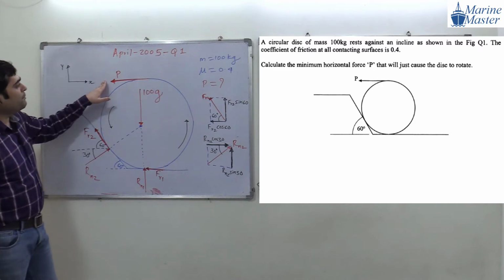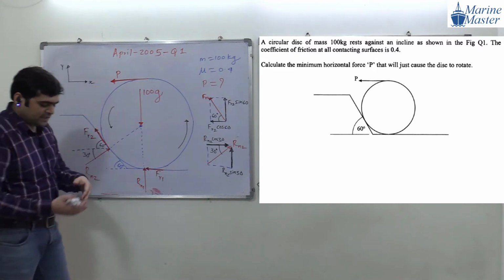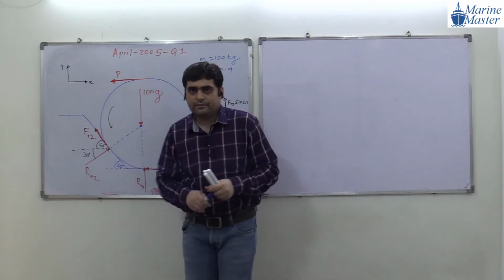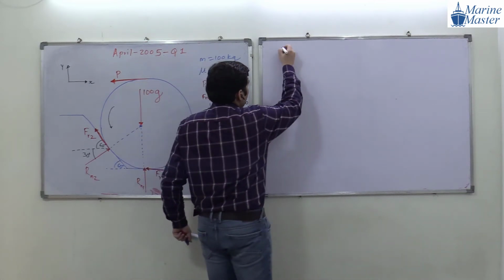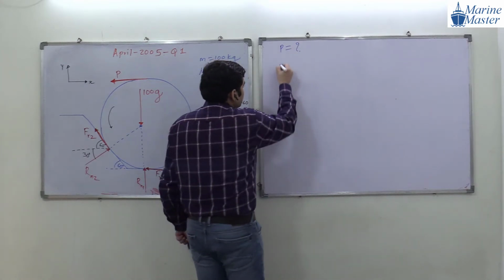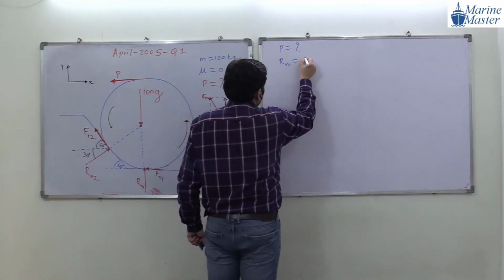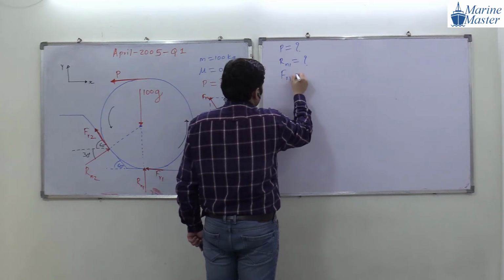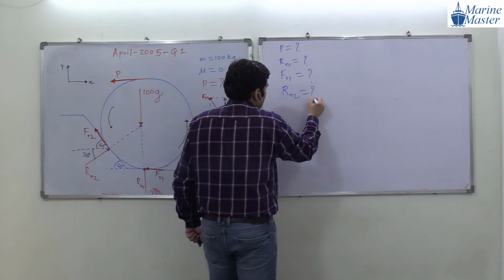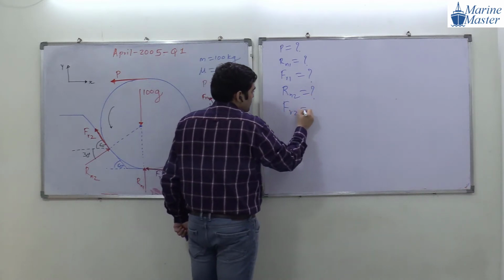First of all, see the scenario. What are the unknown forces here? The first unknown force is P. The second is Rn1, and Fr1 is unknown. Rn2 is unknown, and Fr2 is unknown.